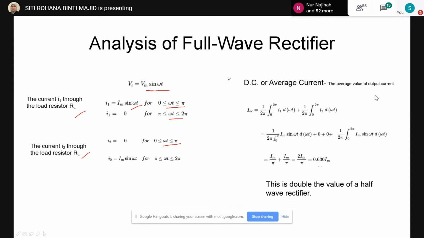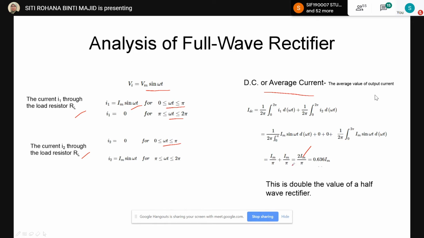We also can calculate the DC or average current, which refers to the average value of the output current. So here we consider the current IDC, and this is how we derive the formula: IDC equals 2Im over pi.